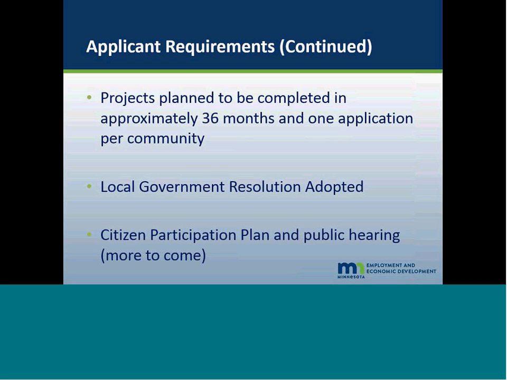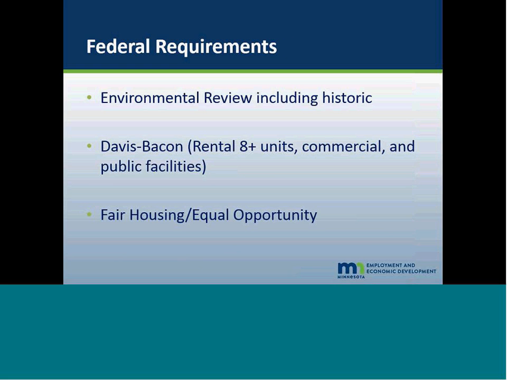We need a local resolution, and a citizen participation plan and public hearing. We'll be talking about that more later. We need to include historic review, Davis-Bacon applied to commercial rehabilitation, rental units and public facilities, fair housing and equal opportunity, not just paying attention to but promoting these as well.